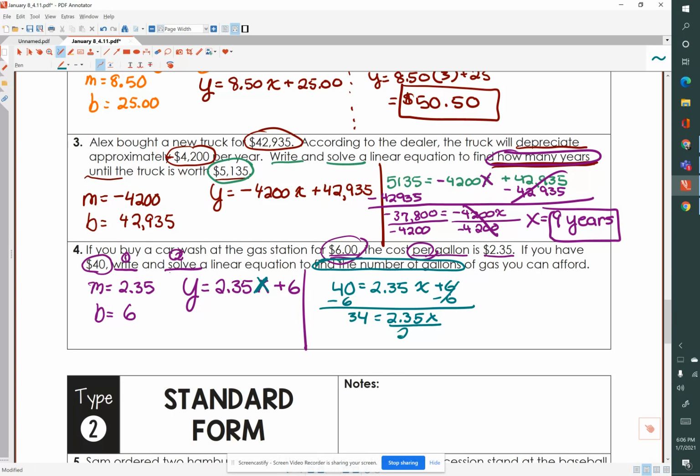And we divide both sides by 2.35, and 34 divided by 2.35, I'll round off, is 14.47 gallons. And remember, they asked us about how many gallons. So a little under 14 and a half gallons, 14.47 gallons. So those are the slope-intercept type of problems.